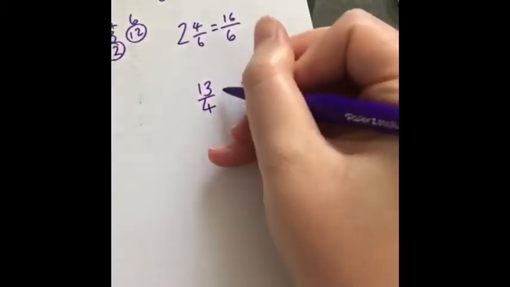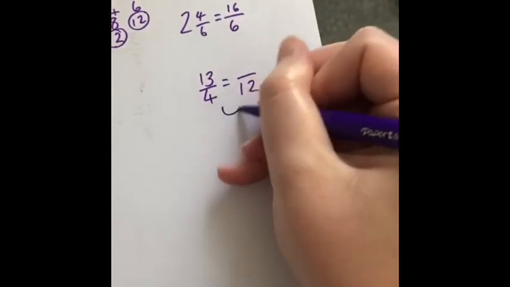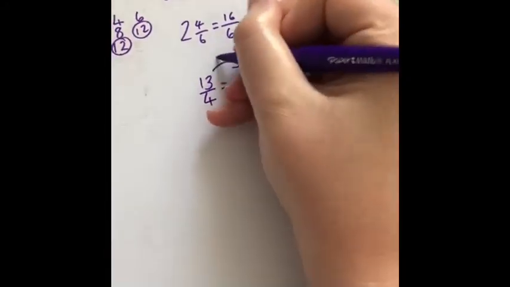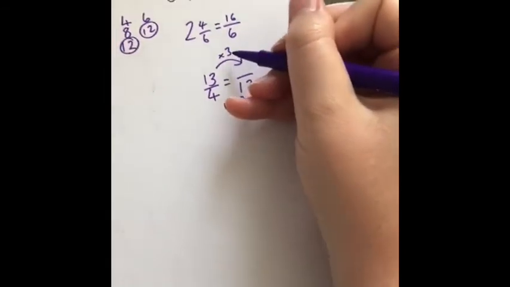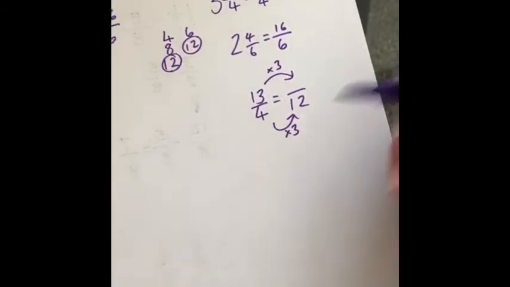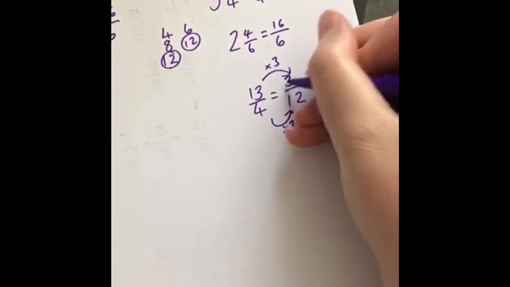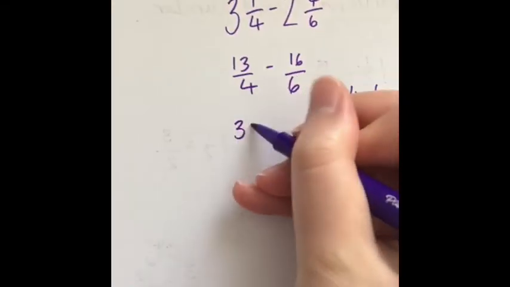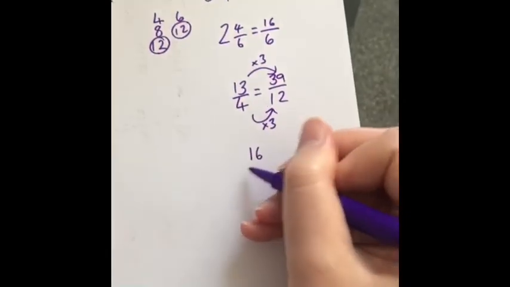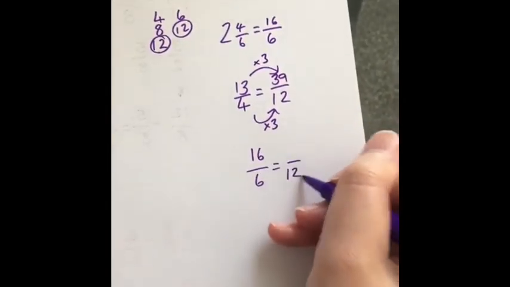So 13 over 4 into 12ths. So what I've done to my 4 to get to 12, I've multiplied by 3. So I multiply the same by 3, so 13 times 3. Again, I can use my fact of 12 times 3, which is 36. One more lot of 3 makes 39. So I've got 39 12ths. 16 over 6 into 12ths.